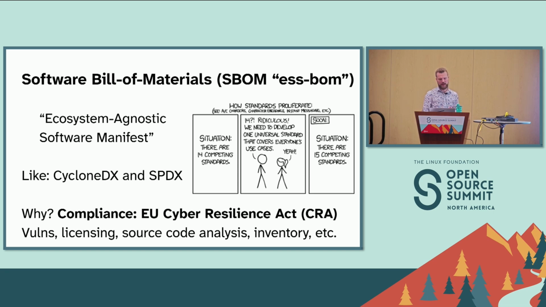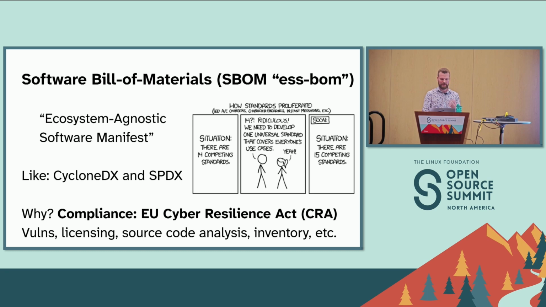Software bill of materials are not a silver bullet. They won't keep you safe from vampires. They are simply a manifest of software, but the most important component to us is that they are ecosystem agnostic, right? They don't care what type of software is in them. They are capable of describing all software. So all the other manifests that we talked about, like requirements.txt, PyProject TOML, all of that, those are all Python specific. You can't talk about like Rust dependencies or NPM or anything like that using requirements.txt.